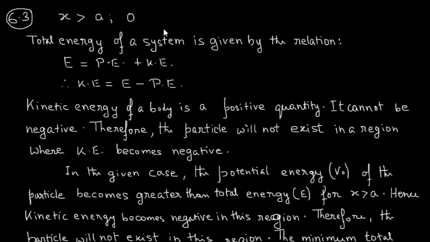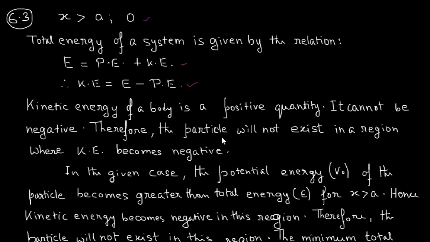So, in the first case, x is greater than a and the answer is 0. Total energy of the system is given by the relation E is equal to potential energy plus kinetic energy. Now, kinetic energy is equal to total energy minus potential energy. Kinetic energy of a body is a positive quantity. It cannot be negative.